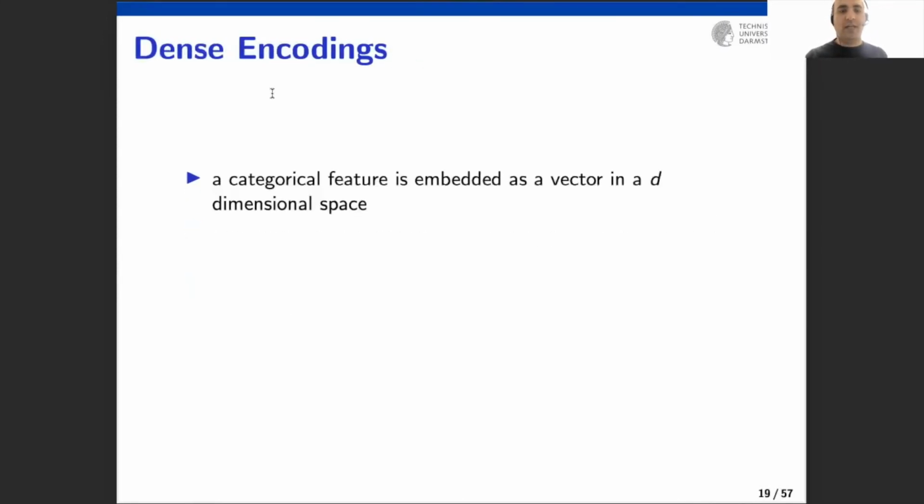In order to overcome these weaknesses, we can use dense encoding. The main idea is that a categorical feature can be embedded as a vector in a d-dimensional space.